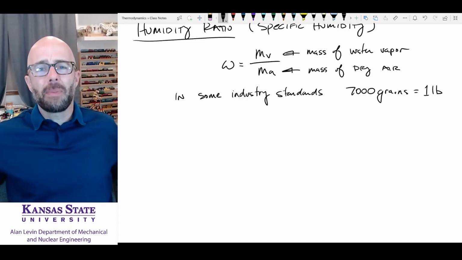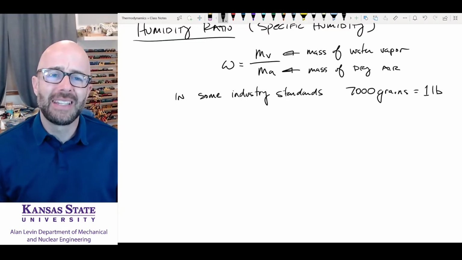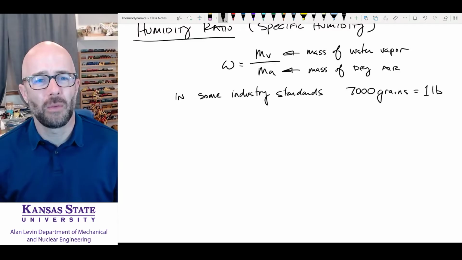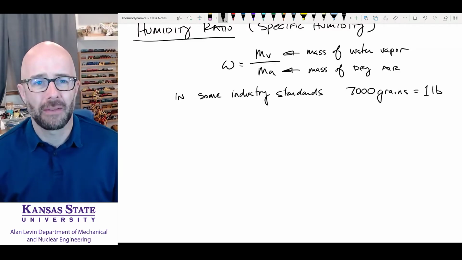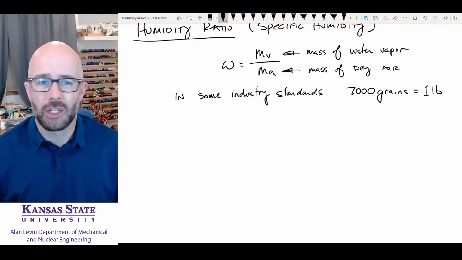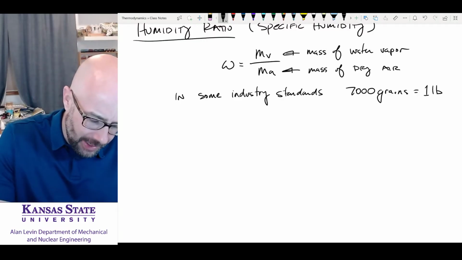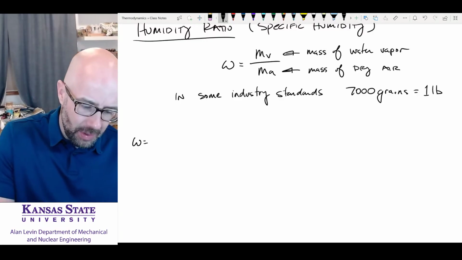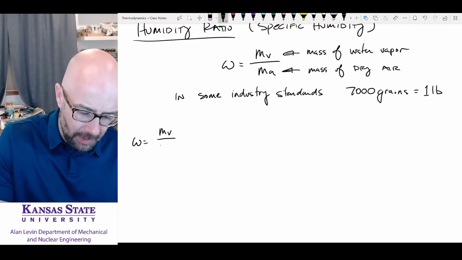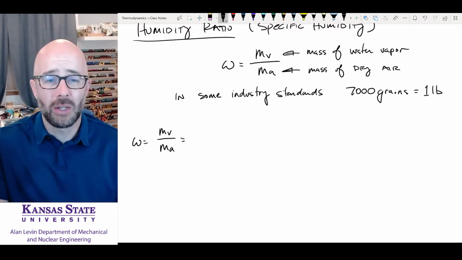Okay, but we look back at this humidity ratio and we say, man, it is very difficult to measure the mass of water vapor in air and the mass of just the dry air. So is there another way to do this? Let's look at that. Omega is equal to the mass of the vapor all over the mass of the air, and they're both ideal gases, right?